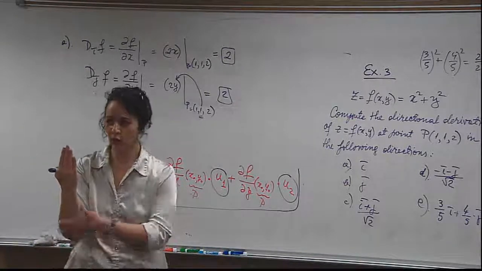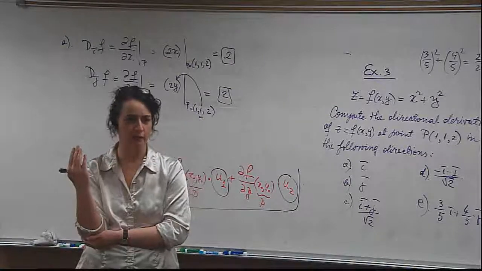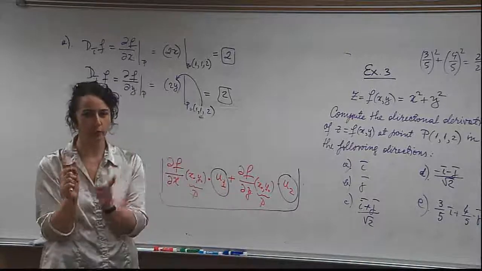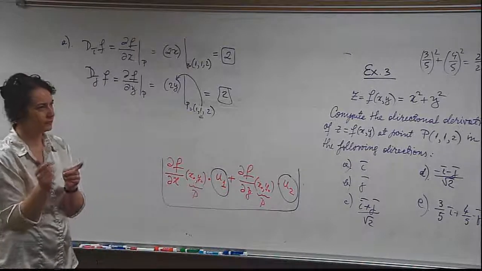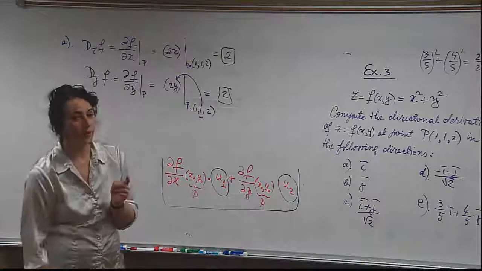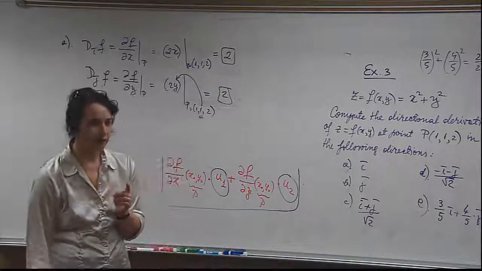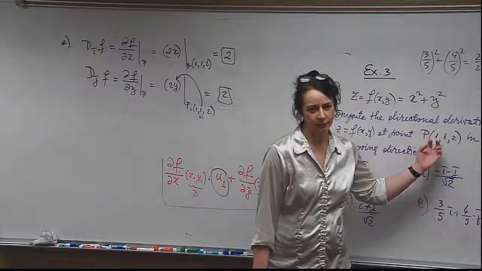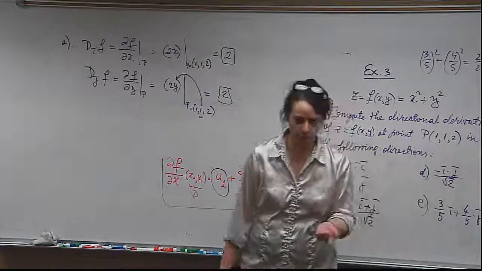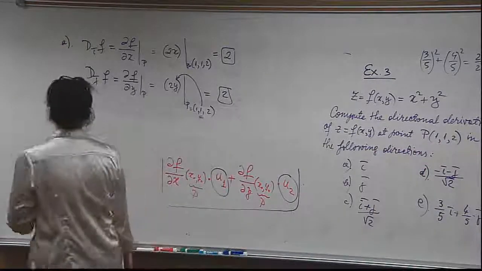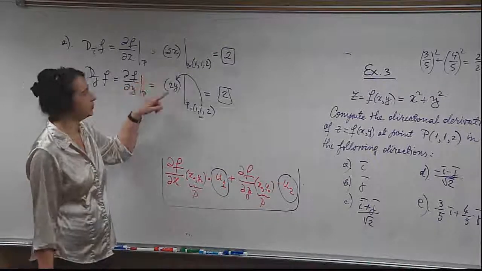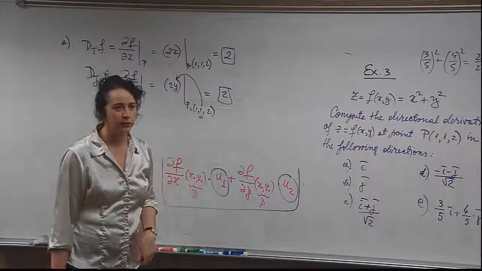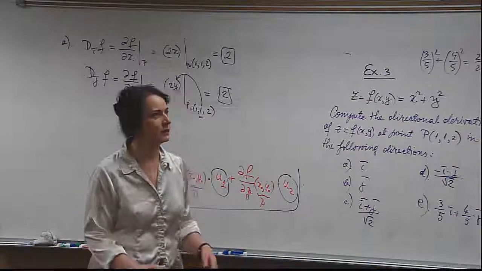So the slope will be the same in both directions, i and j, at the point that I have. Well, okay, it depends on the point. If the point is itself symmetric, like x and y both being 1, I did it on purpose. If you didn't have 1 and 1, you had an x variable and a y variable to plug in.